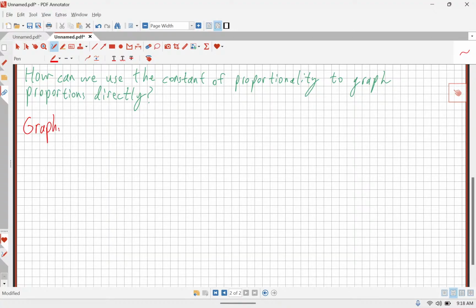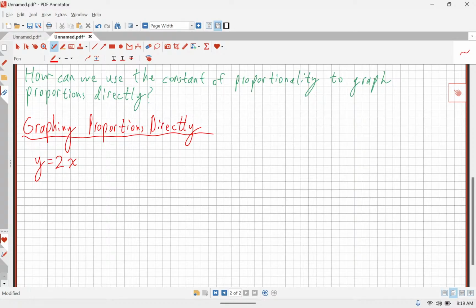Today we're graphing proportions directly. Okay, let's start simple. Y equals 2x. This is just a proportion that's just sitting out there in space. Y is 2 times x.